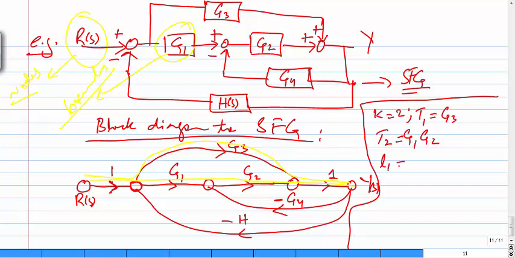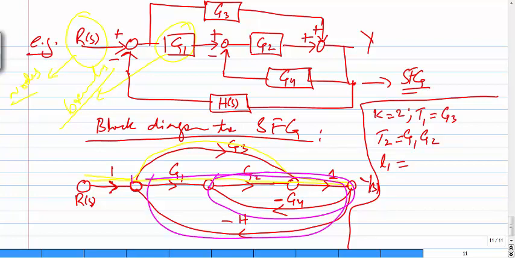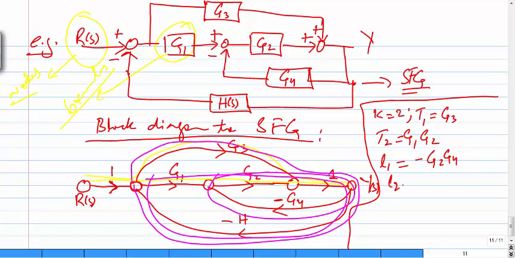Now third is loops. So first loop is this one. If I start from here, come back, so this is the first loop, this is my second loop, this is my third loop. So there are 3 loops. So just write the equations: first loop is minus G2 G4, second loop is G1 G2 and H with minus sign.